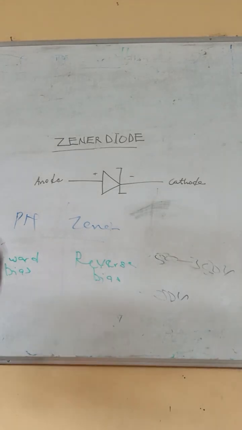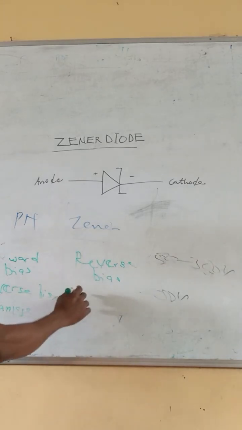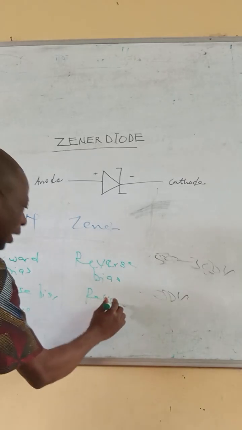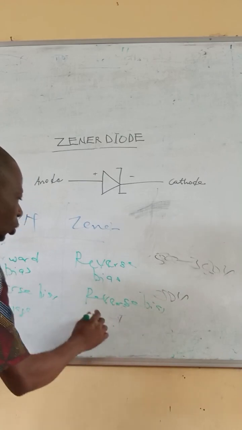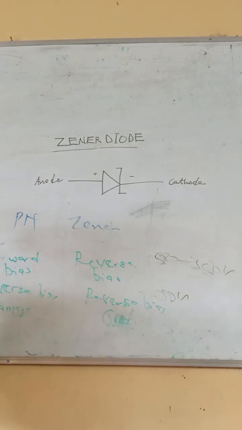The PN diode normally gets damaged at reverse bias condition, but the Zener will not get damaged. It will operate normally at reverse bias. That's the difference between the two.